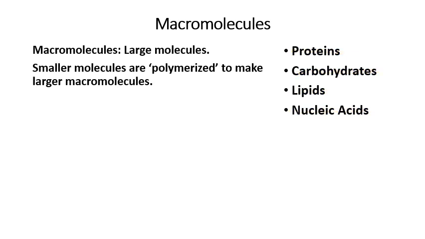Okay, so macromolecules are large molecules. If you take smaller molecules and polymerize them together, you attach them all together, you can make larger macromolecules. They're actually made according to a modular system. If you're building electronic devices, you have different components like resistors, and the resistors are kind of like the macromolecules.